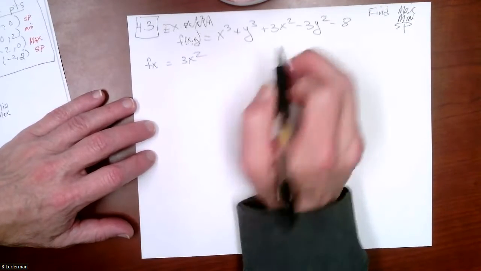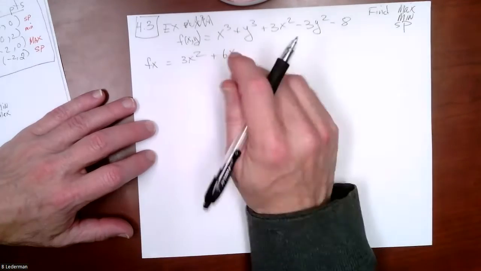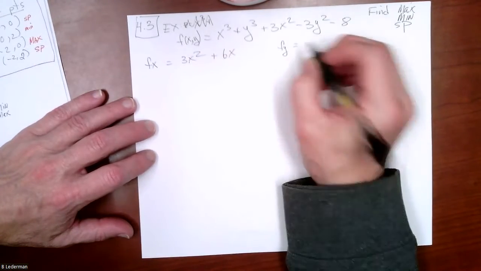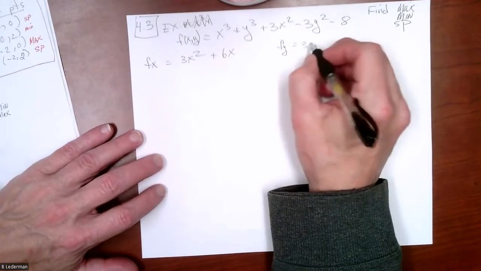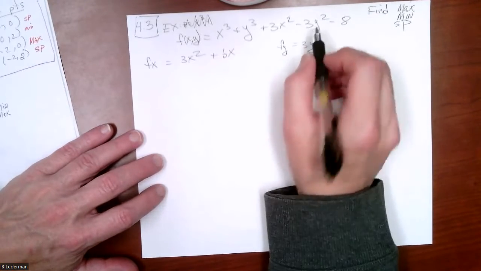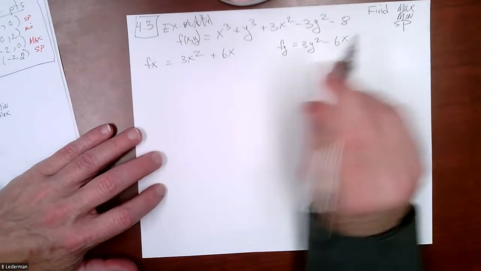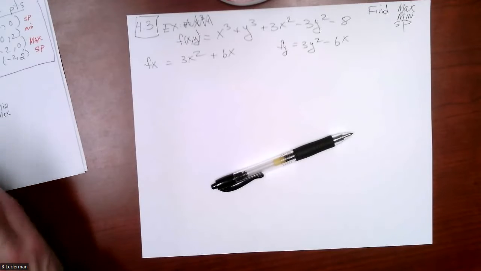This becomes plus 6x, and that disappears. So it's very simple. Fy, being the partial derivative with respect to y: that disappears, that's 3y squared, that disappears, that's minus 6y, and the 8 is going to disappear. So far we're in good shape, because everything's disappearing.